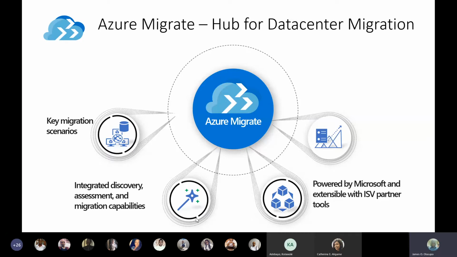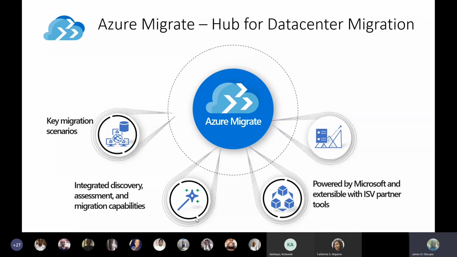Let's even take an instance. I only wanted to do an assessment, right? I don't want to do the migration with this particular tool. Maybe I wanted to use another ISV tool for me to do the migration. You can use that. You can combine both Azure Migrate or any other tools provided by Microsoft, or even an ISV tool, to make assessment, and at the same time use any tool that suits your organization based on the strategies and the planning that you've had in order to achieve your business outcome.